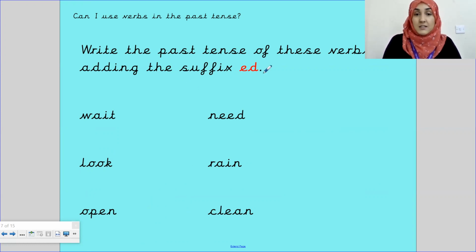So in this instance, we're adding on ed to change the verb to a past tense verb. So in different colouring pencil, add ed on the end. Pause the video here and complete that. And once you come back, we'll move on to the next part of our lesson.